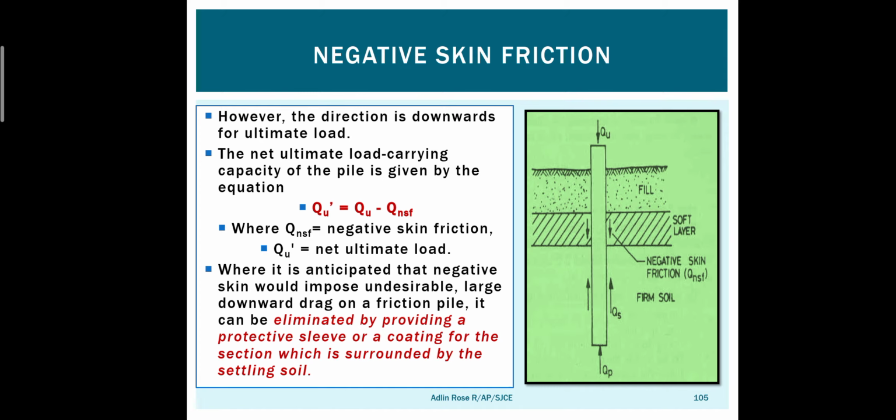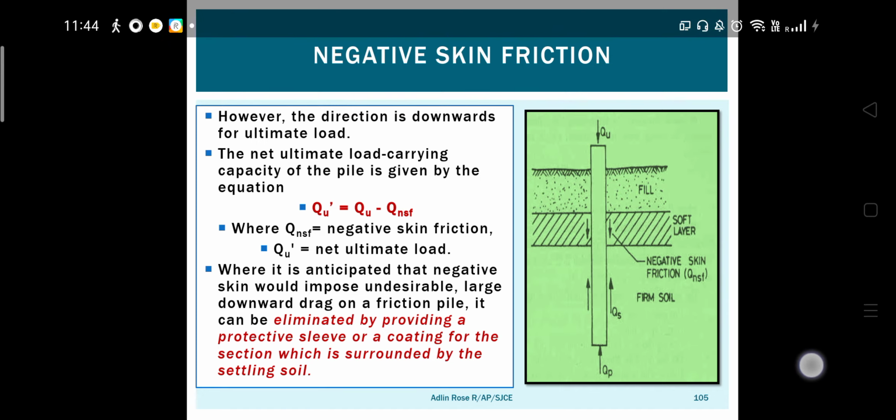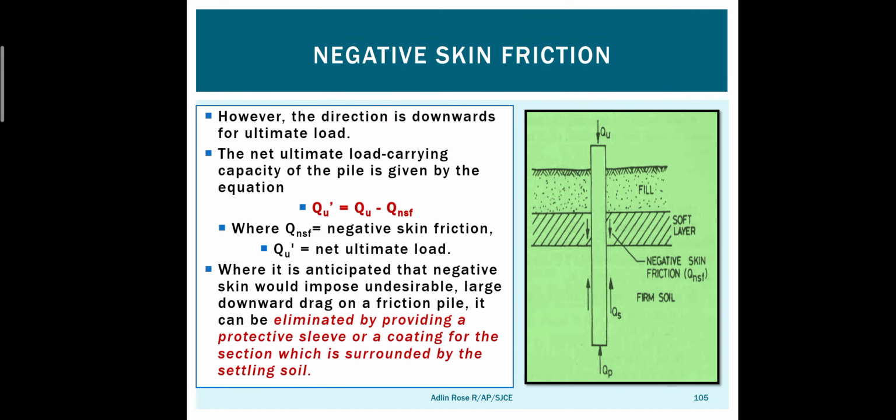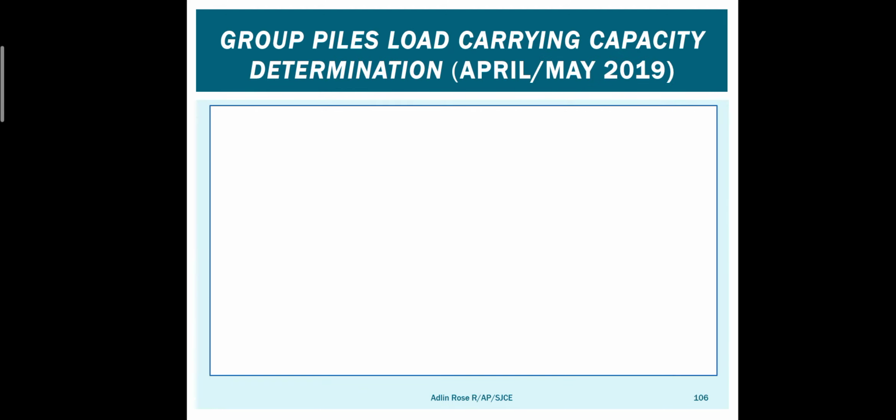So for that, what they will do is, the pile portion is covered with some sleeves, some other materials. They are covered with sleeves along the length of the pile. So those sleeves will protect the pile from the skin friction.